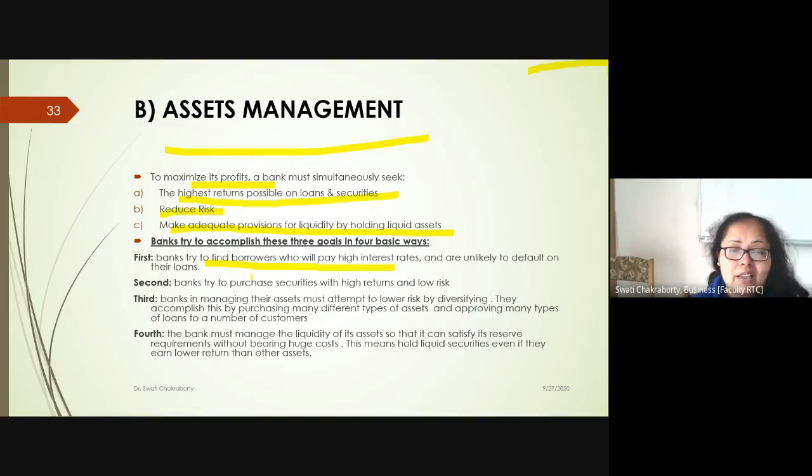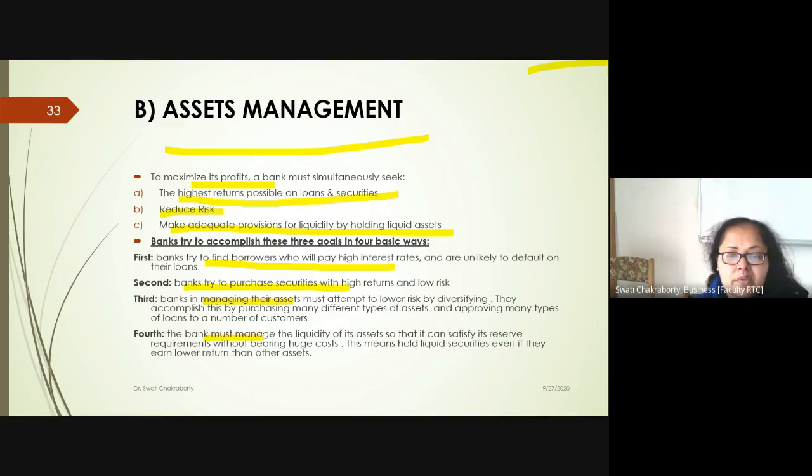They will repay, right? Secondly, banks try to purchase securities with high returns and low risk. Third, banks must attempt to lower risk by diversifying, purchasing many different types of assets and approving many types of loans to a number of customers, a different variety.